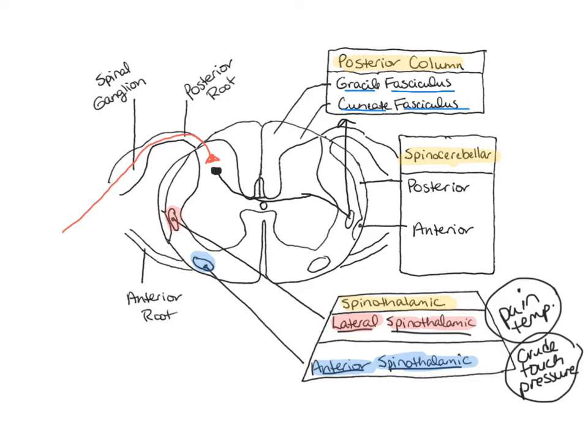All right, so this posterior column is going to be bringing information up to the thalamus, and that information is on fine touch, vibration, pressure, proprioception.